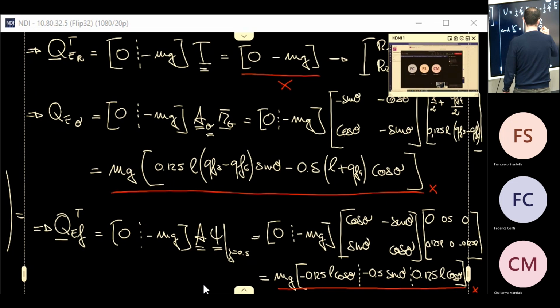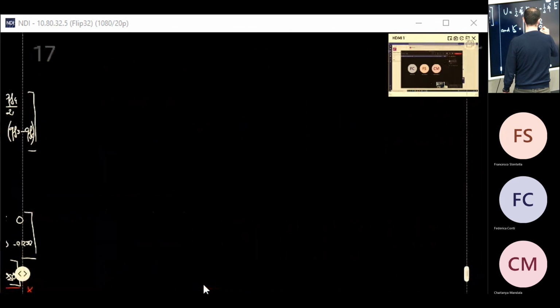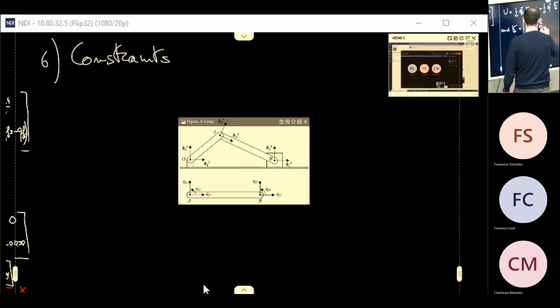The last part, and it's very simple, and then we are done, is the part associated to the imposition of constraints. So again, let's try to recall our image for the sake of clarity.